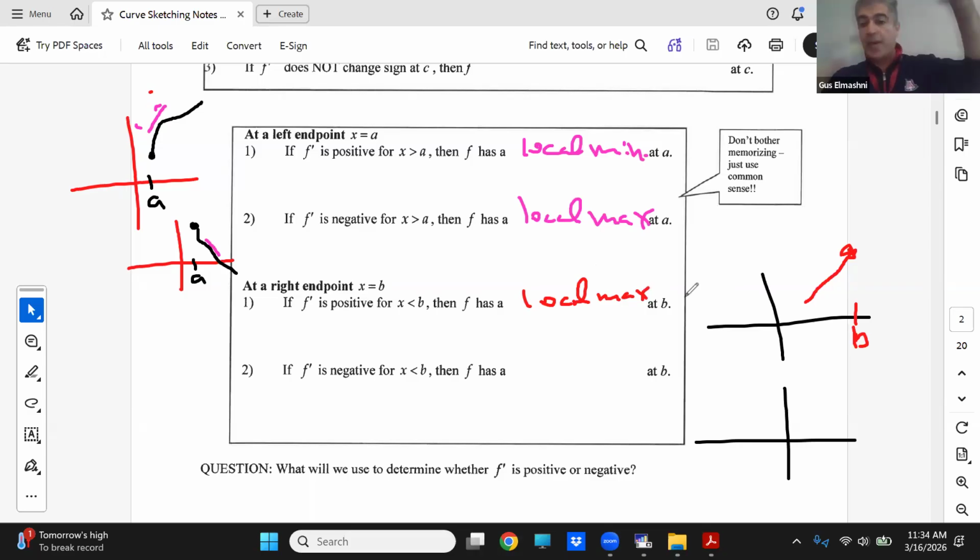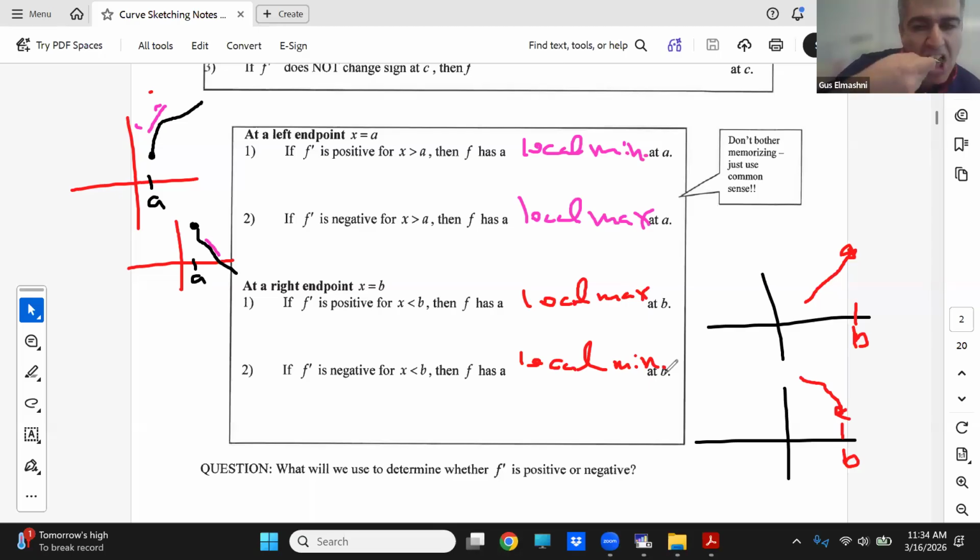We're going to the right endpoint, rising up to it, so it's a local max. Whereas here, you have that. Right before I get there, derivatives are negative. It's diving down to it. So it's the local min. Again, you don't have to really memorize this. It's just more understanding it. Use common sense. Hopefully that makes sense for that one.